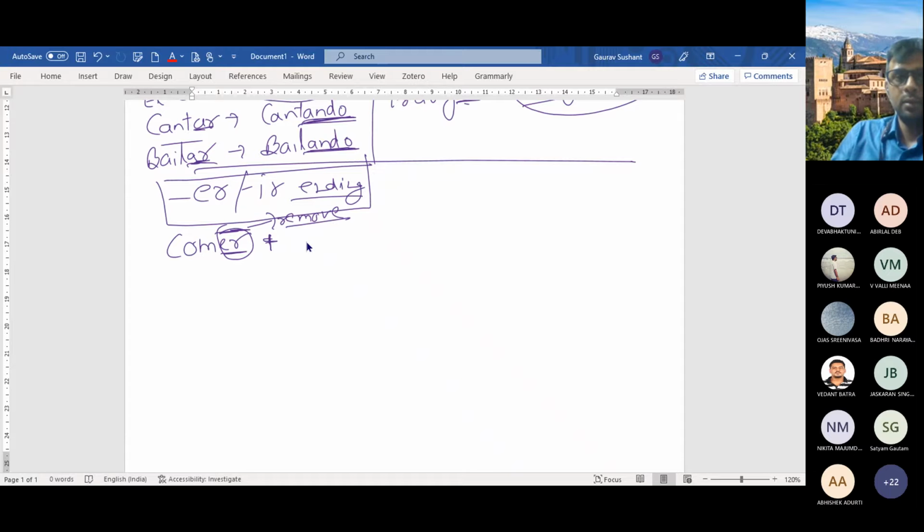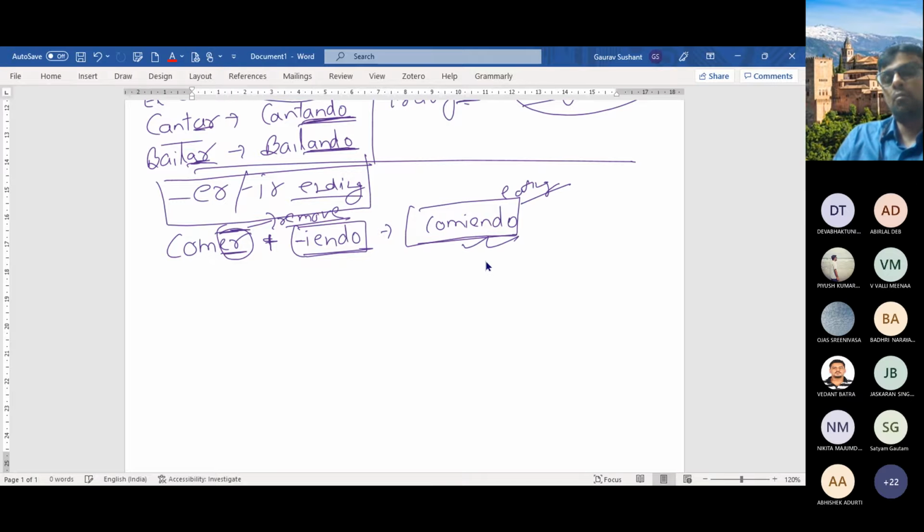You add IENDO. Okay, and then the final one, whatever is coming out, is the gerund form of the verb comer, so comiendo, which is basically eating.